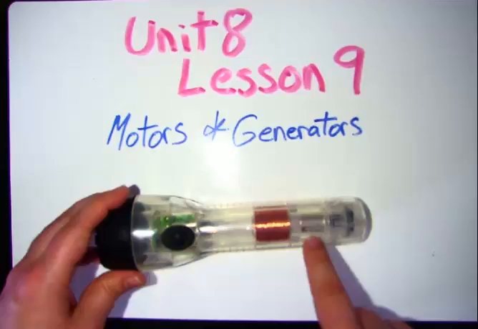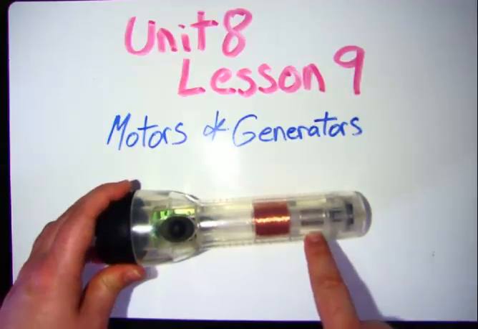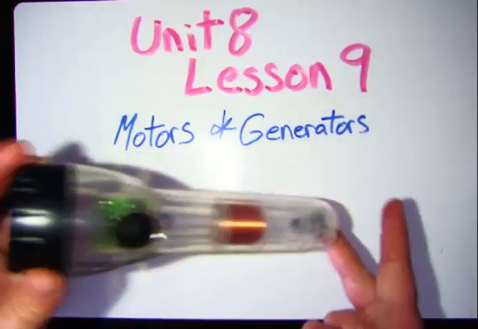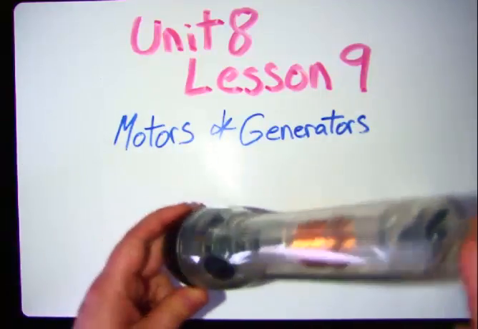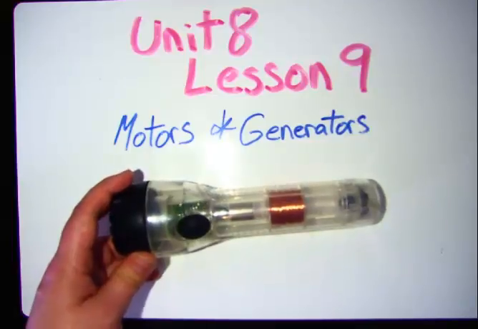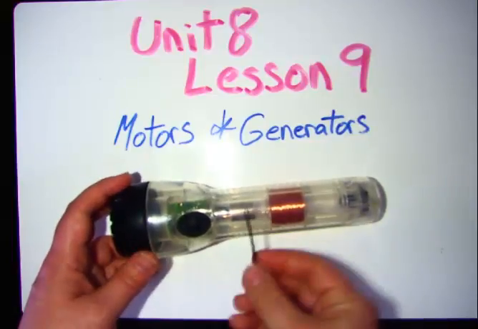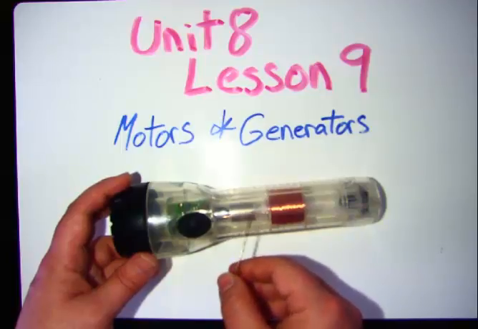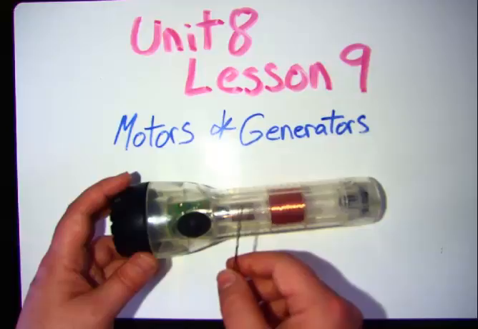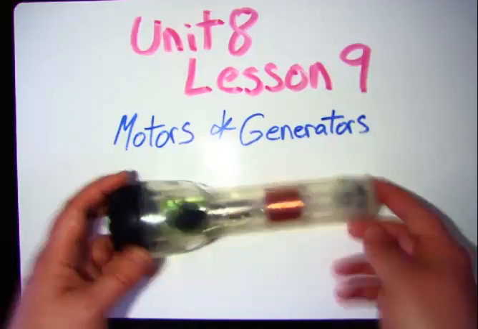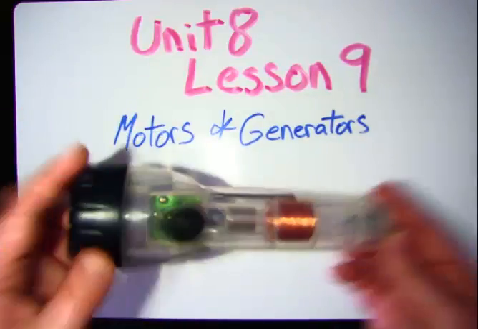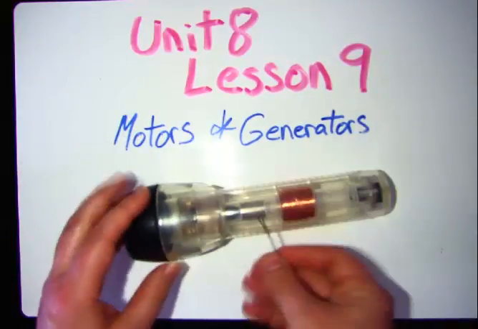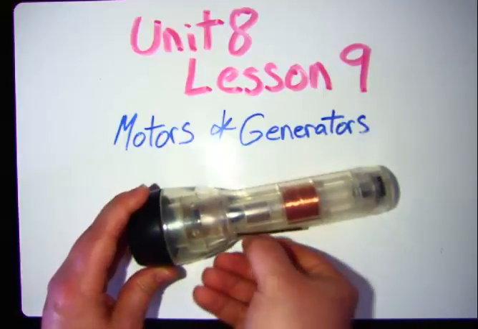If you look, there's a metallic magnet down here at the end, and that is able to move from one end to the next. If I take a bobby pin, you can see that it wants to go to the magnet. It's attracted to that magnet. If I put it on there, I can get it to follow that magnet back and forth. So what about the magnet is so special that it wants to attract this hairpin?